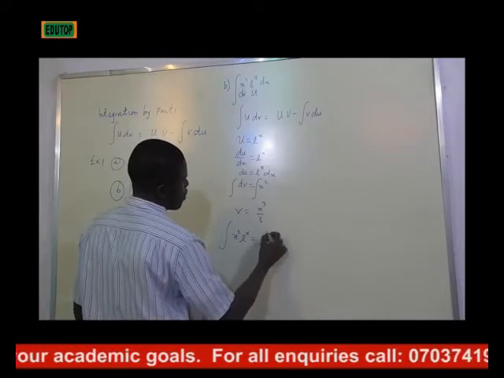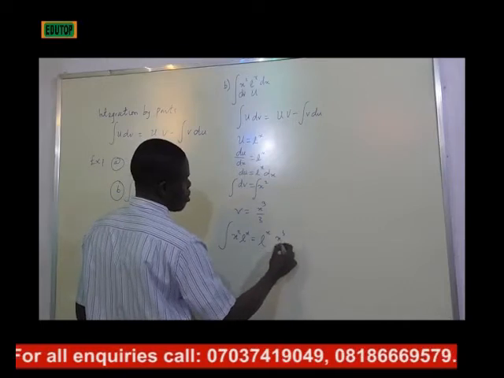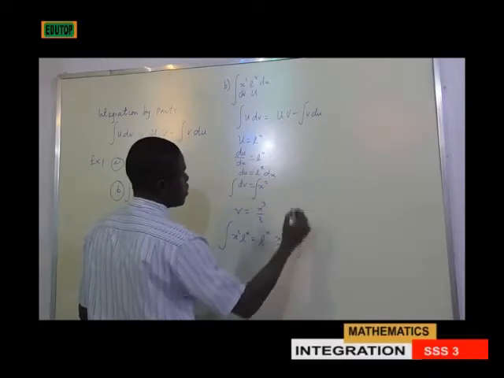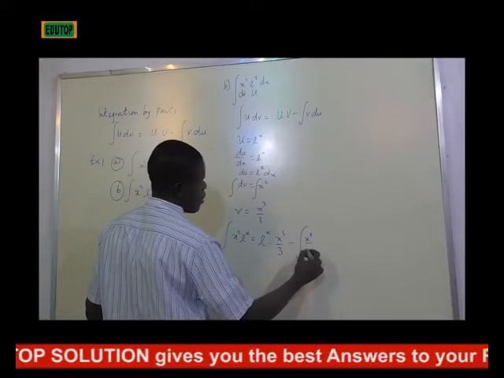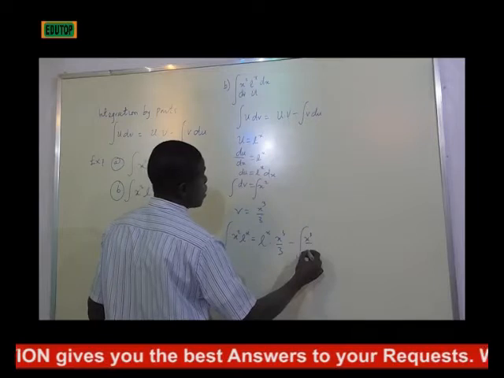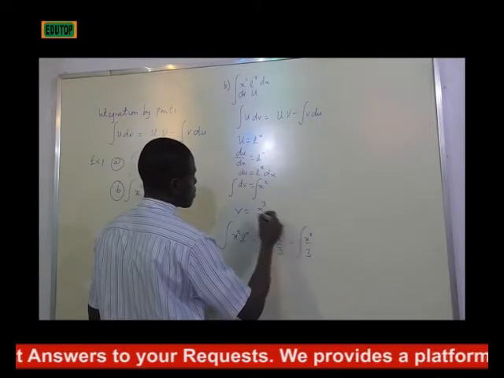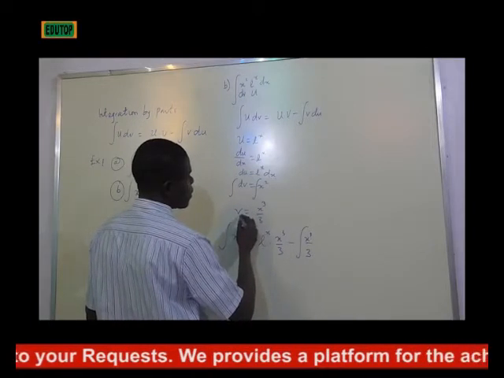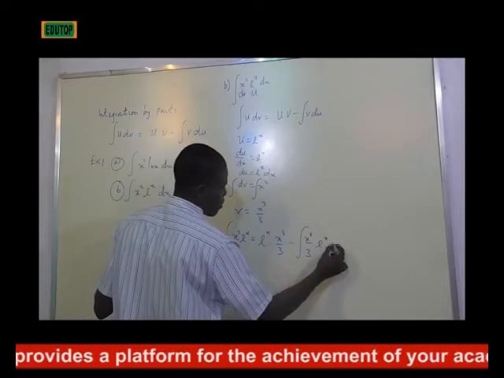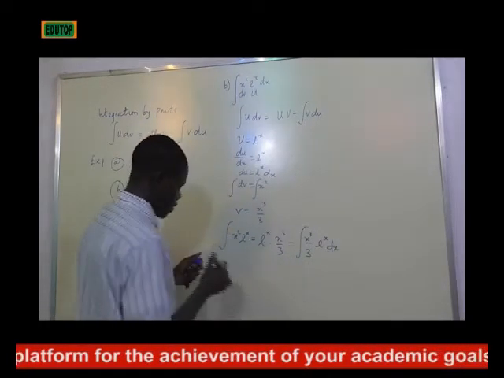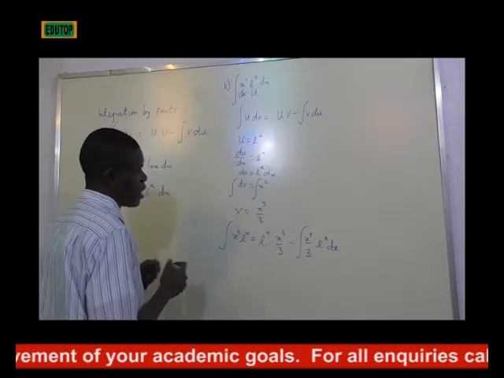My u is exponential x, and my v is x cubed over 3, minus the integral of v, which is x cubed over 3, times du, which is exponential x dx.